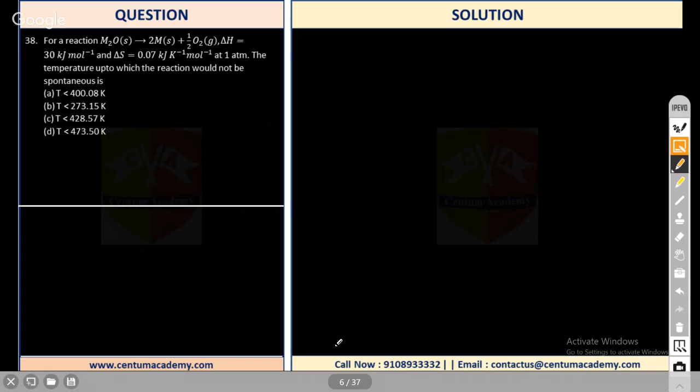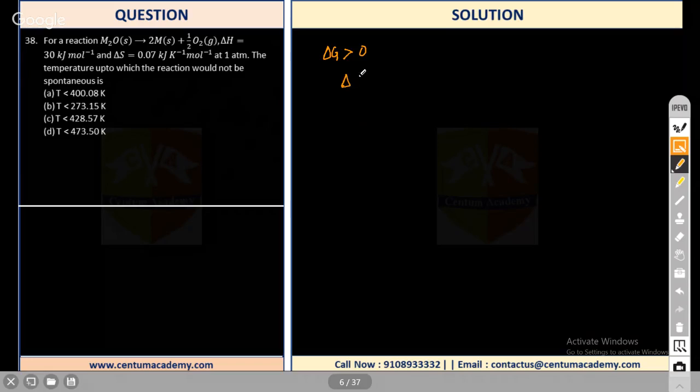All of you are getting C. Okay. So in the question, we have delta H and delta S values given. And we have to find out the temperature at which the reaction would not be spontaneous. So for a non-spontaneous reaction, delta G should be greater than 0. This is the condition we have.